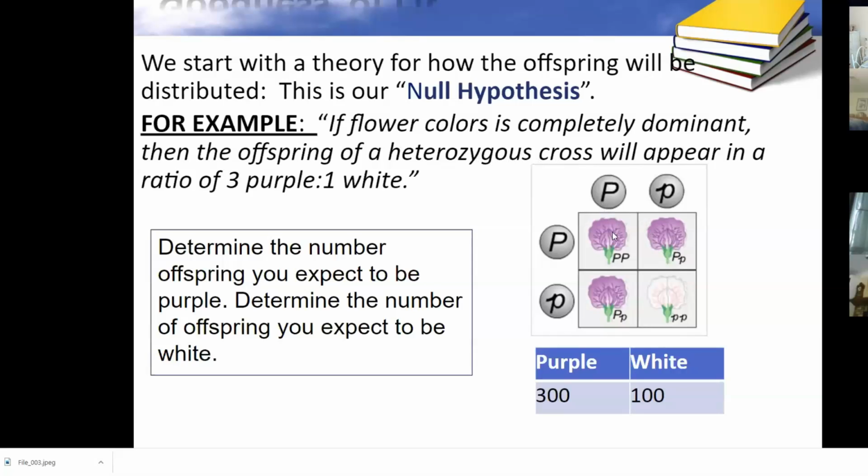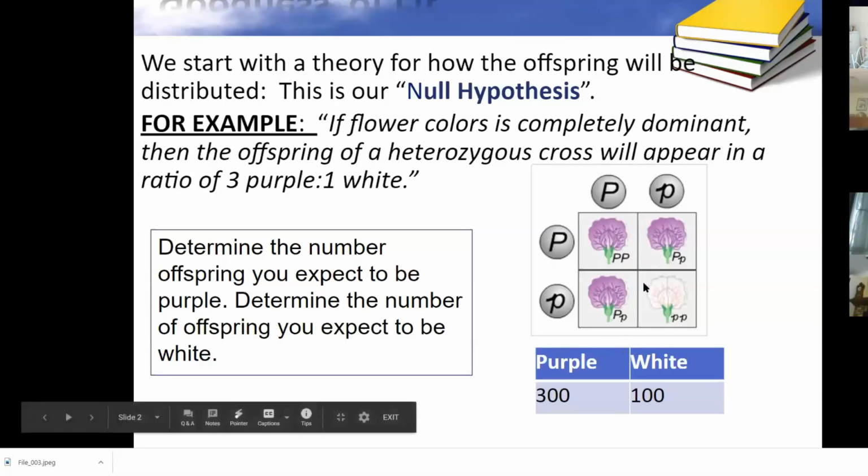In order to decide what you would expect, you want to run a Punnett square, right? If you had 2 heterozygous individuals and you cross them, you would always get a 3 to 1 ratio. You know that. So out of 400 crosses, 300 should be purple and 100 should be white.